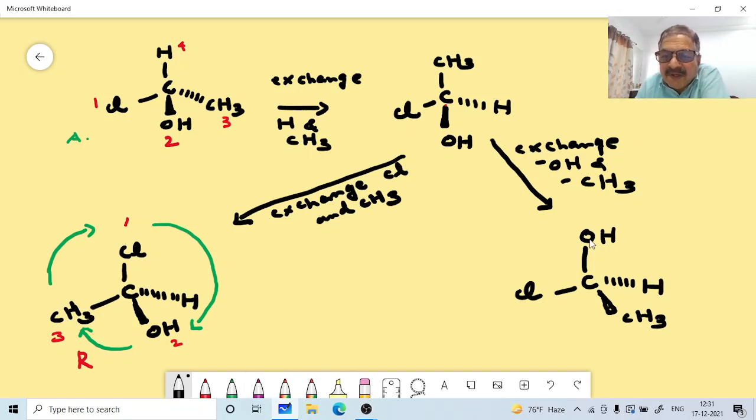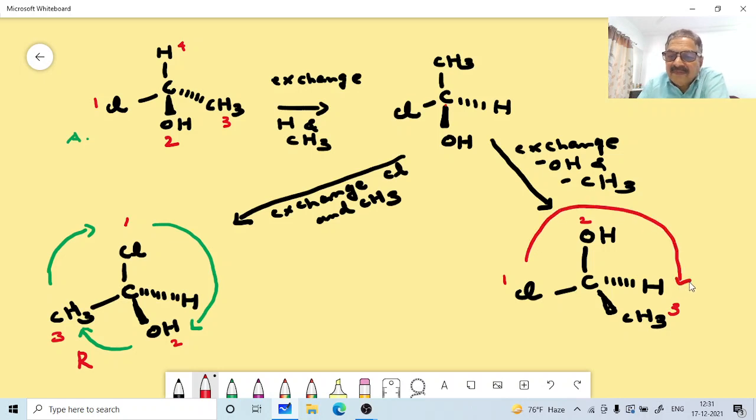Now the priority will be, again, chlorine number 1, this is number 2, and this is number 3 here. Now when we are tracing the circle it will come like this. Correct? 1, 2, 3. So again it will be clockwise.